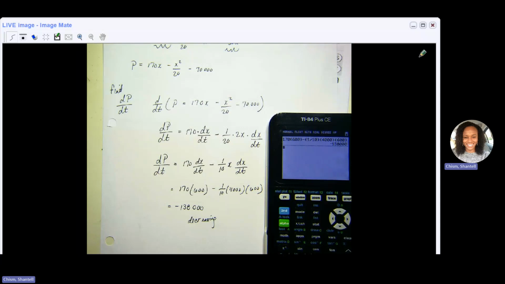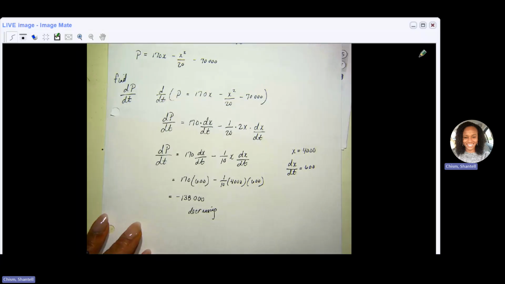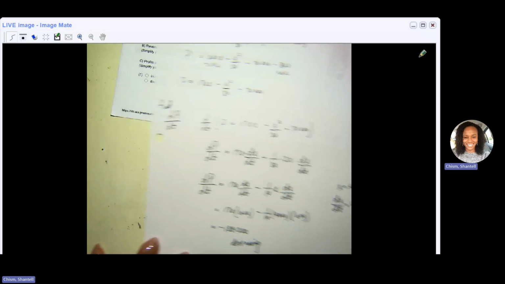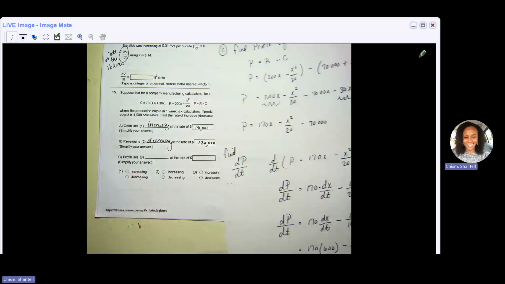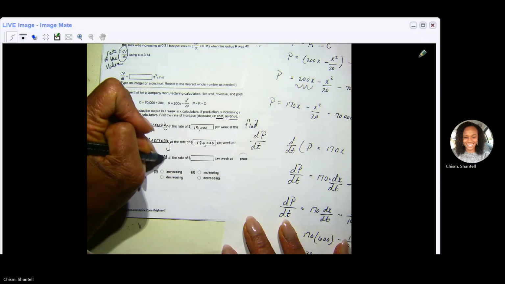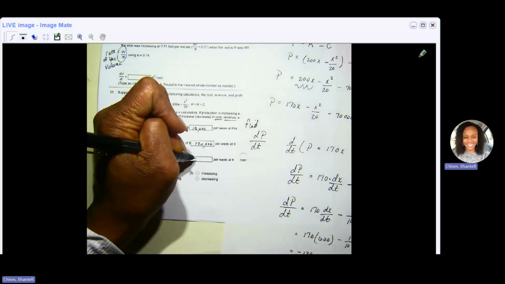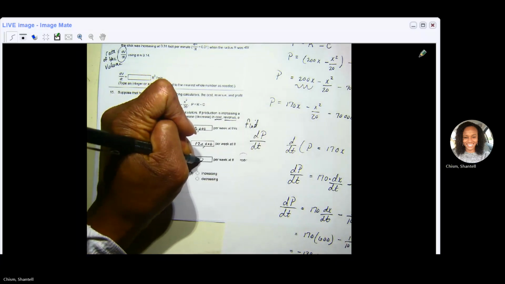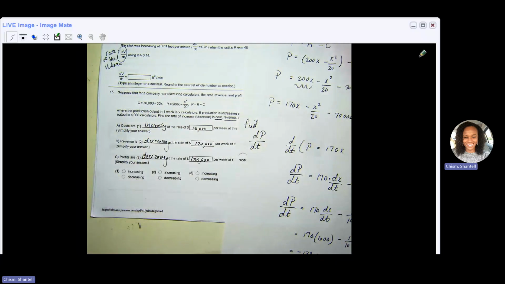Costs going up, revenue is going down, lower profits. Okay? So we put that on the answer in the document or on the computer. You put decreasing here because it was negative. And then the rate value is 138,000. And again, we do not put the negative here. The negative is taken care of because we put that we're decreasing there.